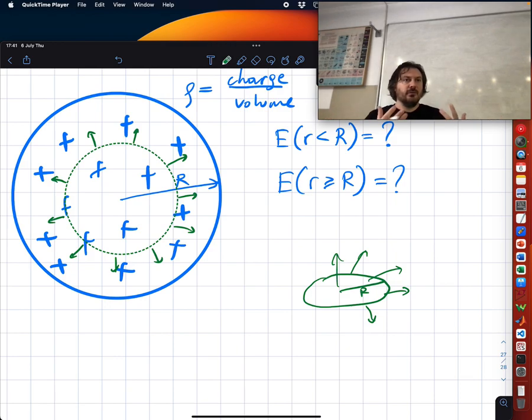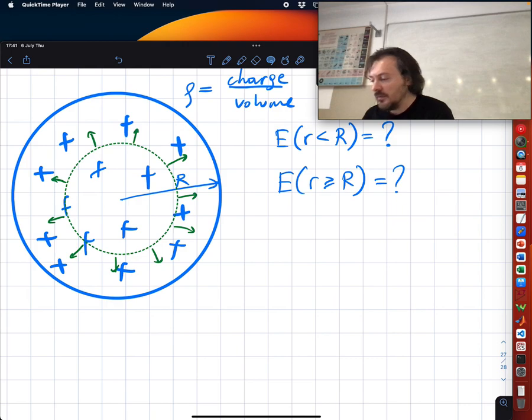Okay, very good. But this sphere, although it is finite, still has so much symmetry that you can use Gauss's law. A cube, can you use Gauss's law? No. Unless we ask you to find flux on one of its sides.